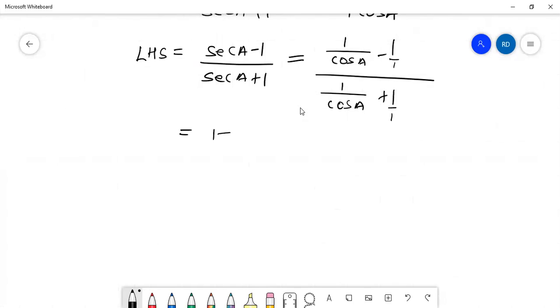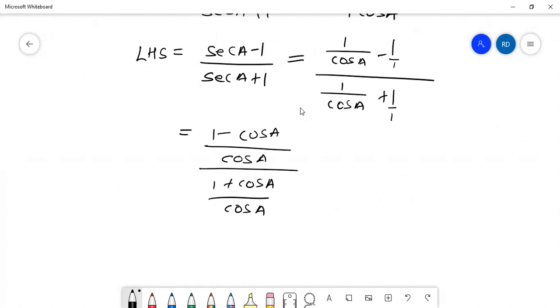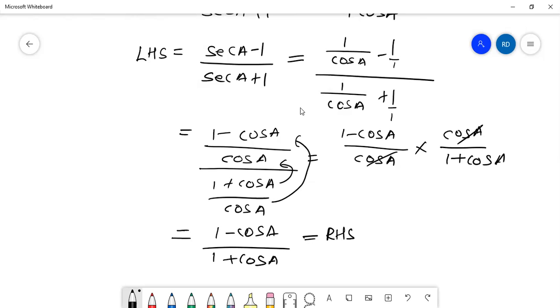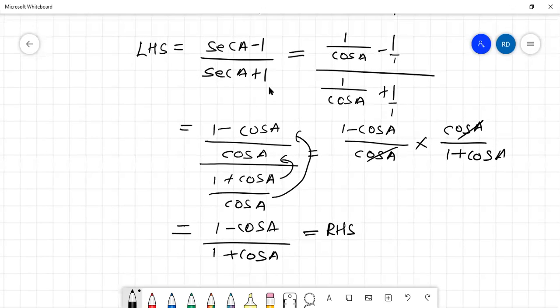This will become 1 minus cos A upon cos A upon 1 plus cos A upon cos A. So 1 minus cos A upon cos A into cos A upon 1 plus cos A. We take a reciprocal of this, so this gets cancelled, and this will become 1 minus cos A upon 1 plus cos A. Okay, so this is our RHS. So let's move to the next problem, which is the second.